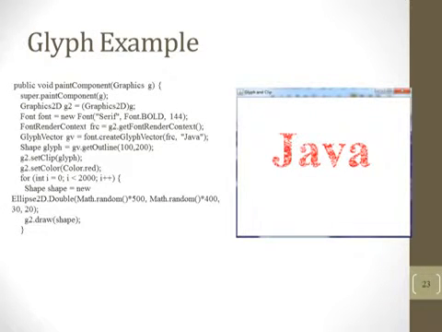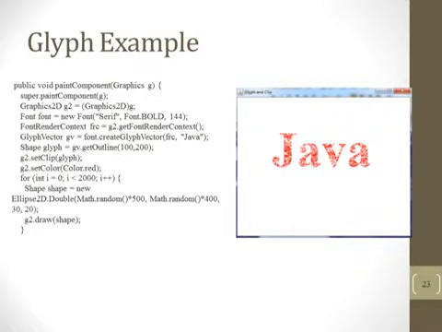Here is an example of glyph. The program shows the technique of retrieving the glyphs of a text string as a shape and using it as a clip path. As we can see, the method is the getOutline.